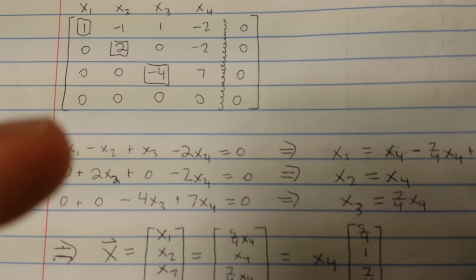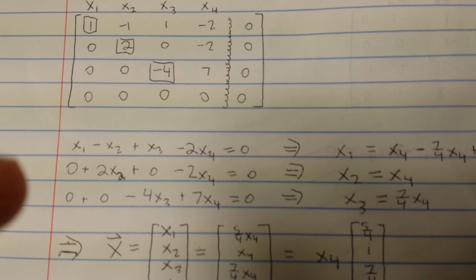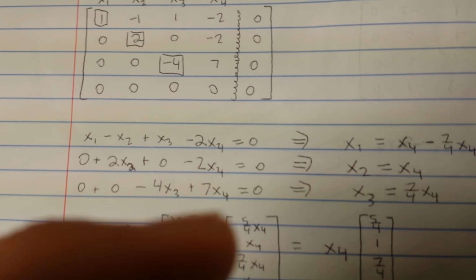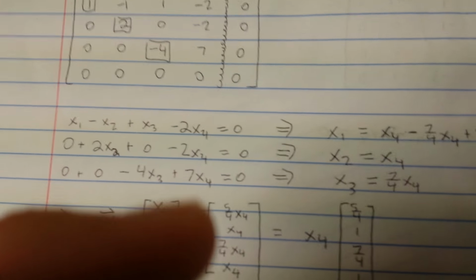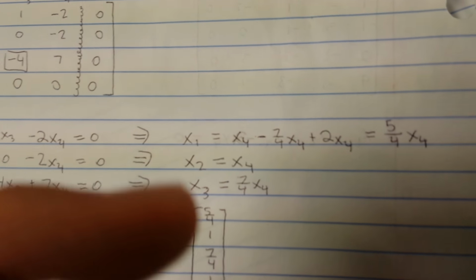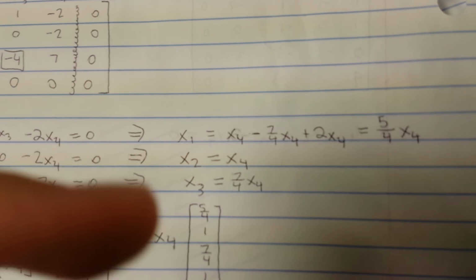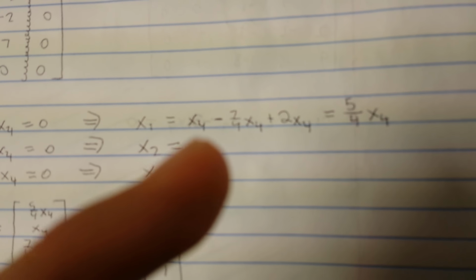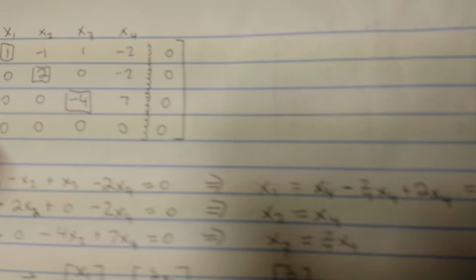And for the third row, it's 0 plus 0 minus 4x3 plus 7 times x4. What you want to do is write the pivot column variables, x1, x2, and x3, in terms of the only free variable that we have, which is x4. It's a free variable because it doesn't have any pivots in its column.